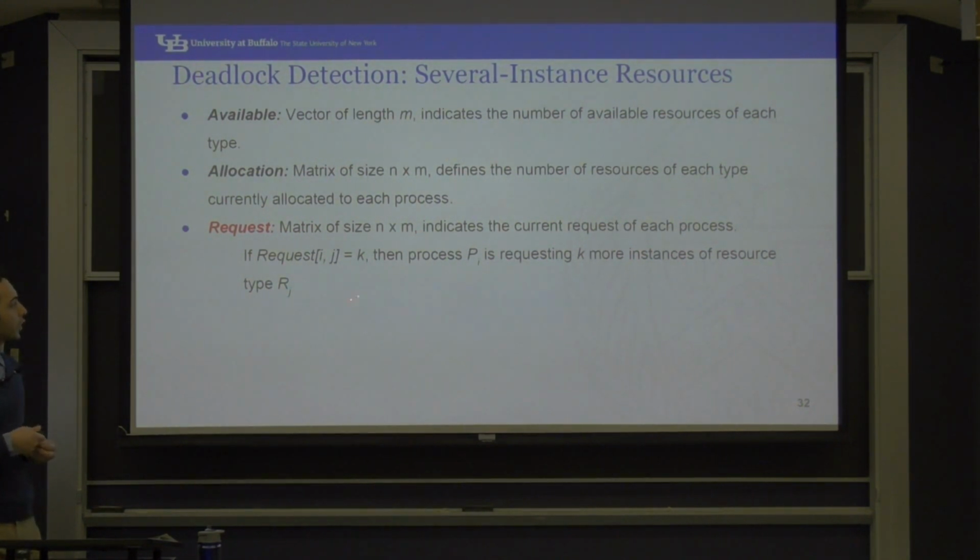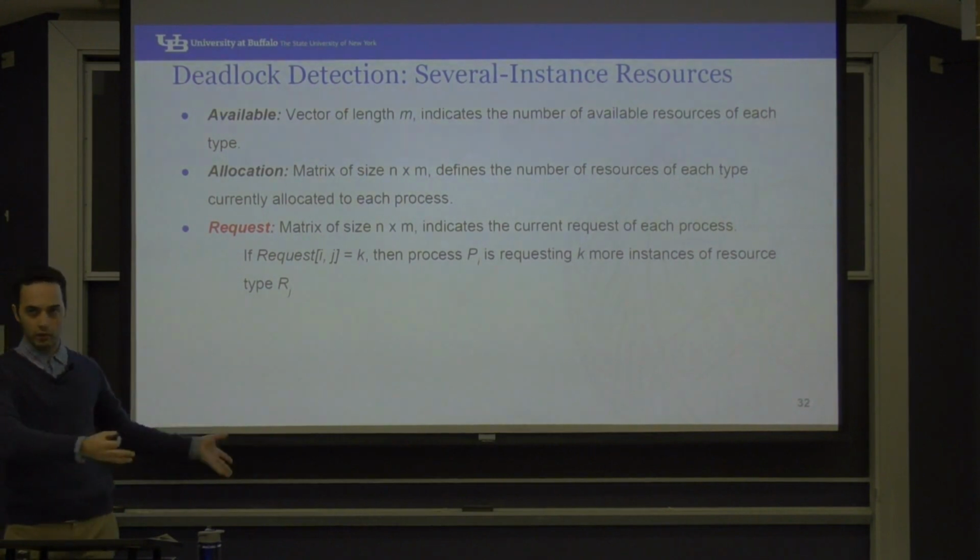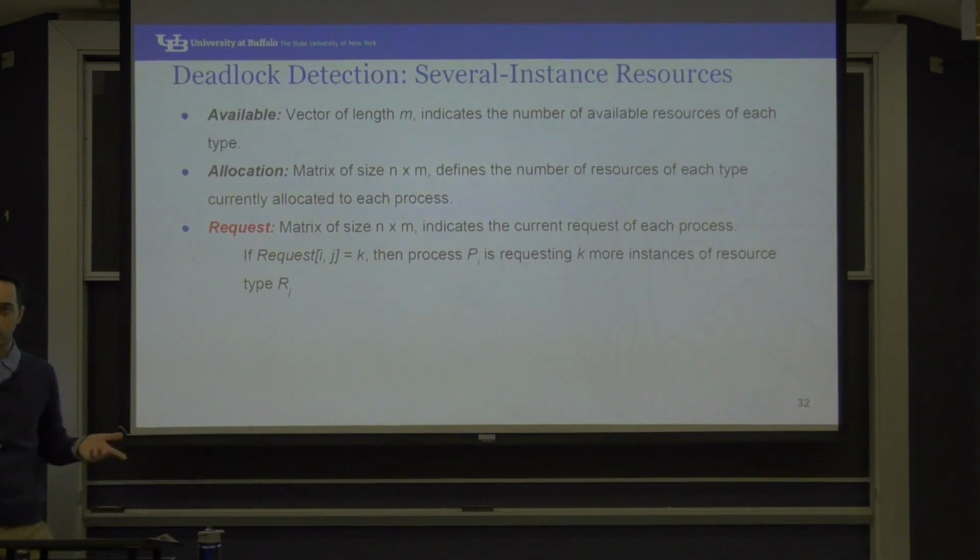So, if Request[i][j] is k, that means process i is requesting k more instances of resource j. Remember, here we're not dealing with avoidance, so we're not dealing with any maximum or any a priori information. Right now, this is the state. This process is requesting these many resources, and we have these many available, right?